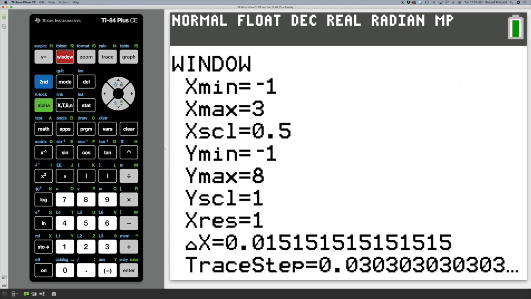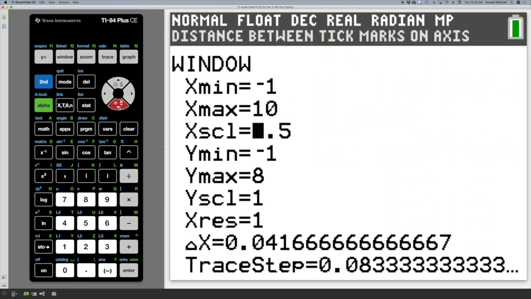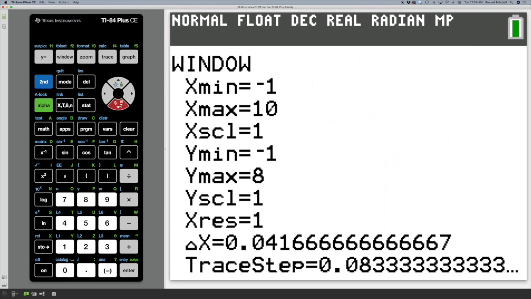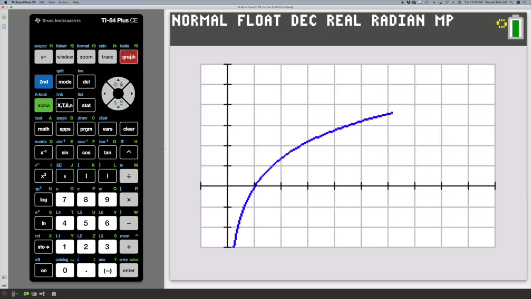So my x min is good at -1, x max at 10. X scale is by ones. If you left it as 0.5, it wouldn't be bad. And then y min is -3, and y max at 6. And y scale looks like the tick marks are every 1, so we'll keep it like that. We'll graph this and take a look.